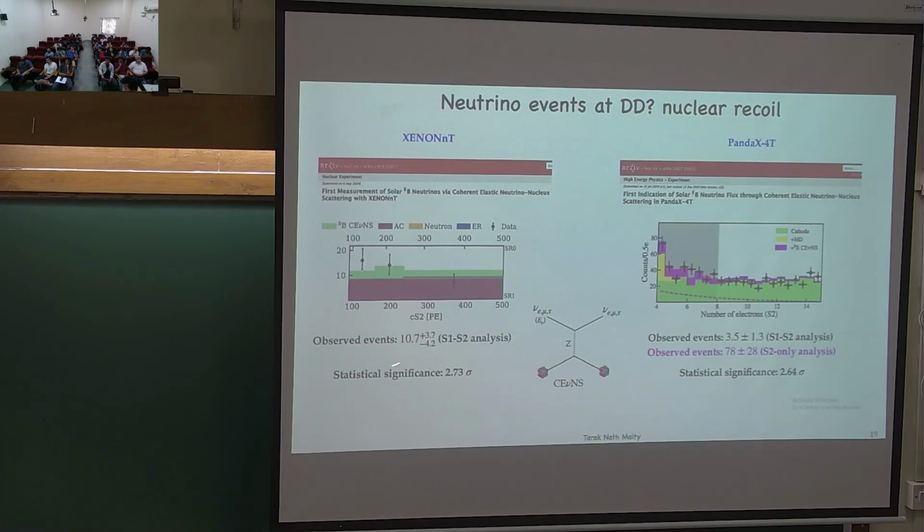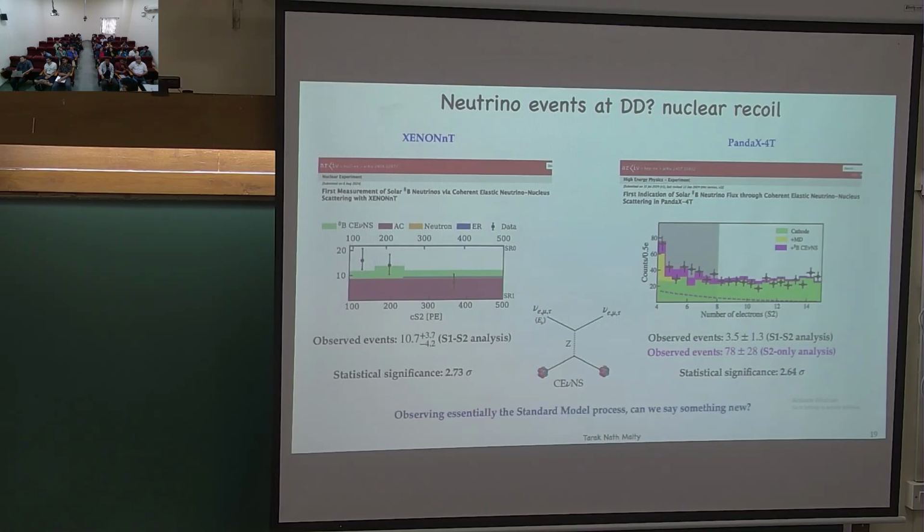With the S1-S2 analysis, XENONnT has detected around 11 events, and PandaX around 3.5, and with the S2-only analysis it is around 78. The statistical significance is around 2.7 sigma. So essentially we are observing a standard model event.